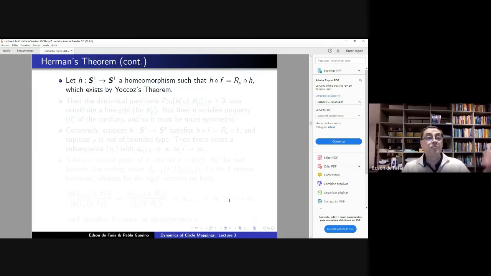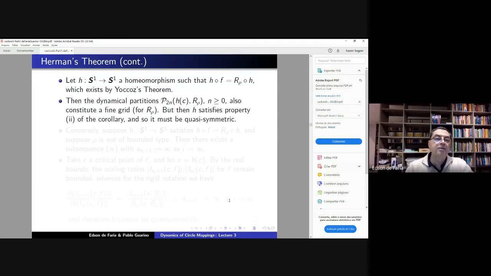Such a conjugacy exists. By the first part of the lecture, there is this theorem due to Yoccoz that shows that there is such a conjugacy, okay? For now, it's just topological, but now you look at the dynamical partitions, P_{2n}, for the image of the critical point under h, and for the rotation.